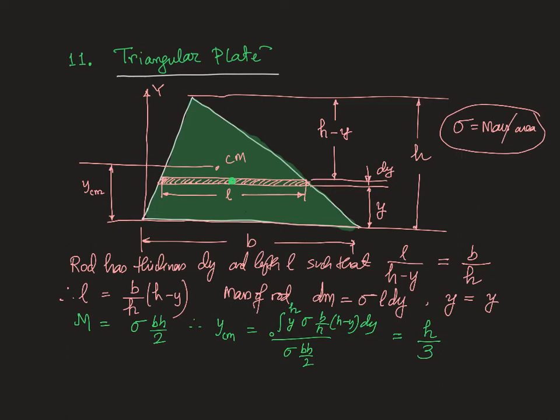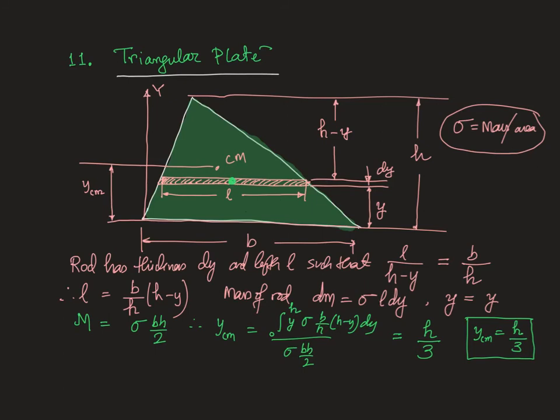That means the height of the center of mass from the base is 1/3 of the altitude, right? Similarly, this is true for all the bases.